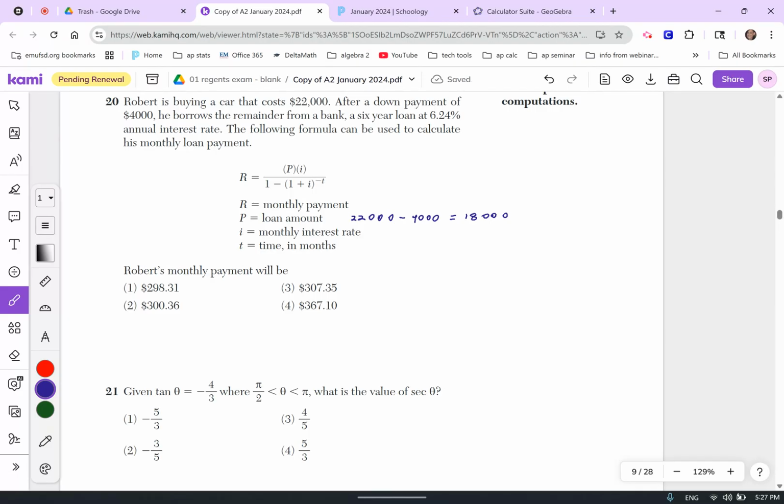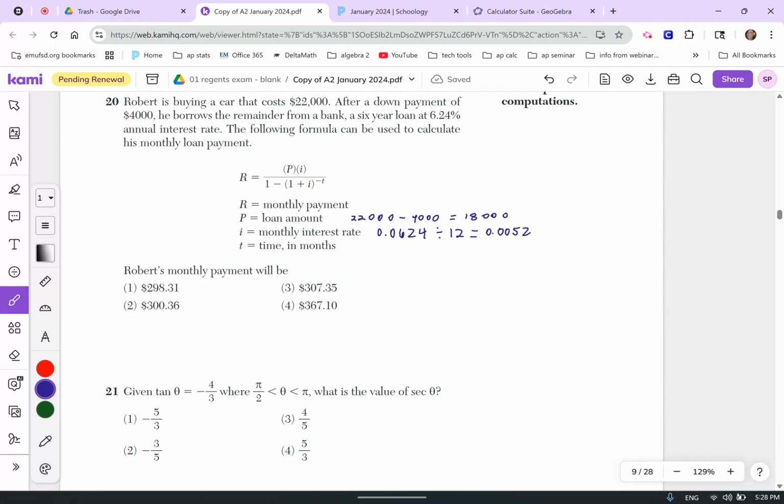Now, they want the monthly interest rate, and each problem is different, but in this case, since they gave you an annual amount, you have to convert that annual amount into a decimal and then divide it by 12 because you want a monthly interest rate, and that turns out to be 0.0052.